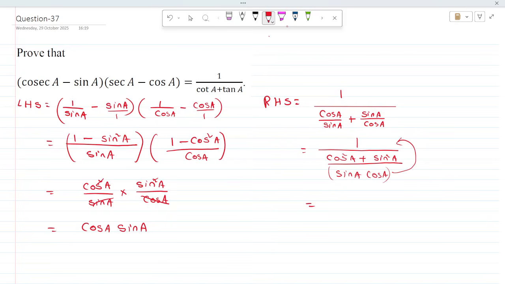So what are you left with? Sin A cos A divided by 1. Therefore, LHS equals RHS equals sin A cos A.